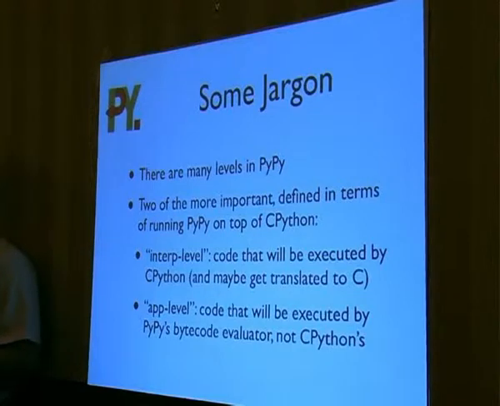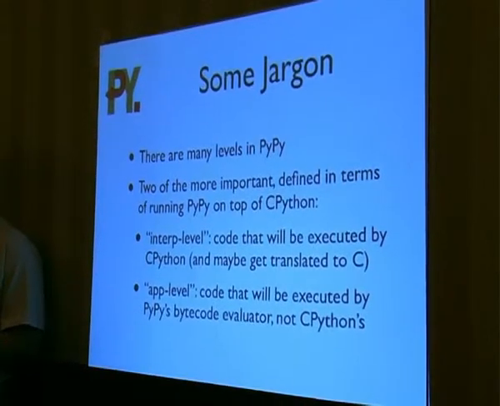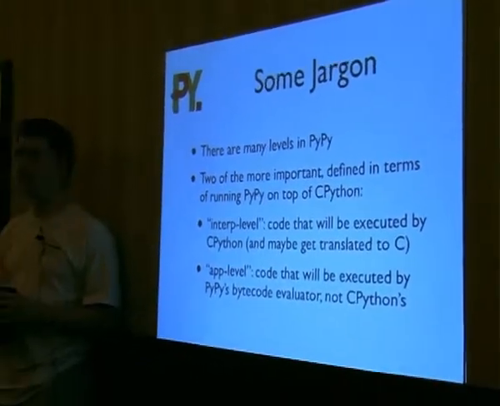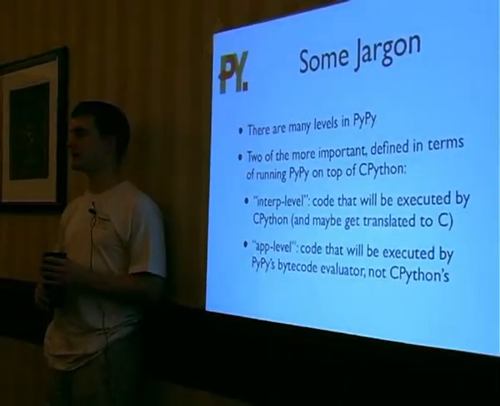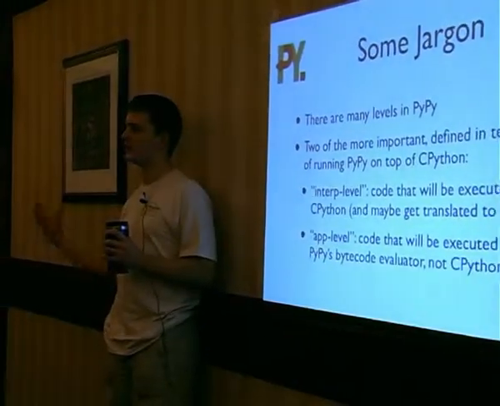So the bytecode evaluator is at interpreter level. The code that you type into the interactive interpreter is run by this bytecode evaluator, not CPython's, so we call this application level. It's the application that PyPy is running.